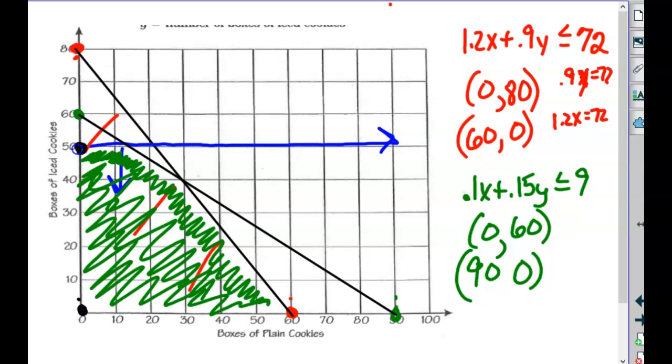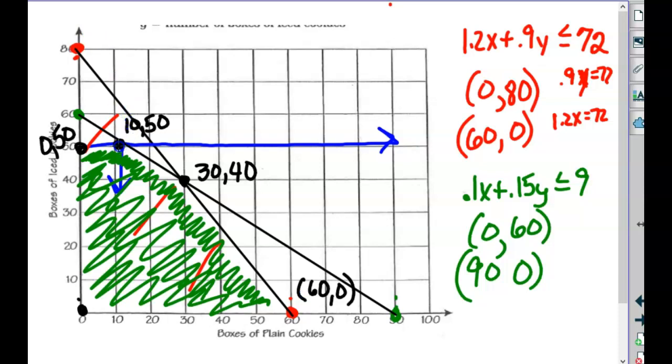This one is (0, 50). This one right here is (10, 50). This one right here is (30, 40). And this one right here is (60, 0).